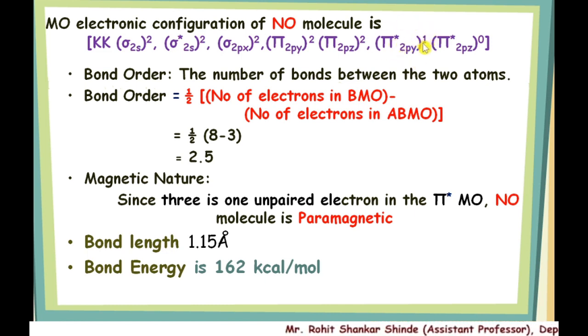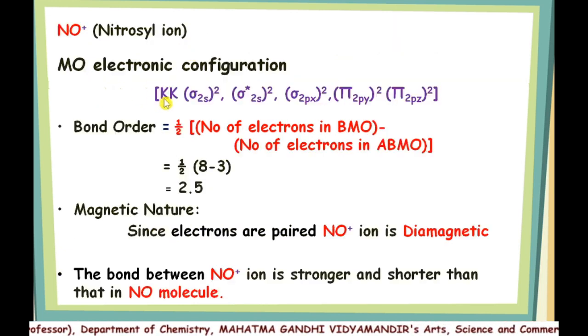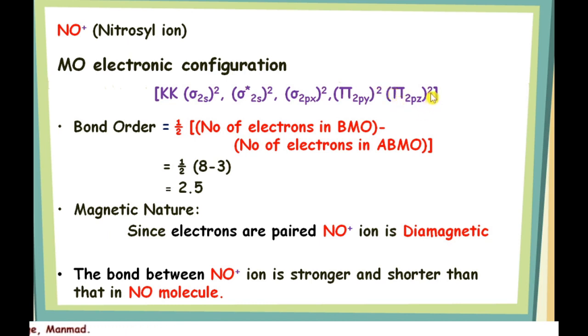After removing this electron, we will get the molecular orbital electronic configuration for NO plus ion. So it is written here KK, sigma 2s2, sigma star 2s2, sigma 2px2, pi 2py2, and pi 2pz2. This is the molecular orbital electronic configuration for nitrosyl ion.